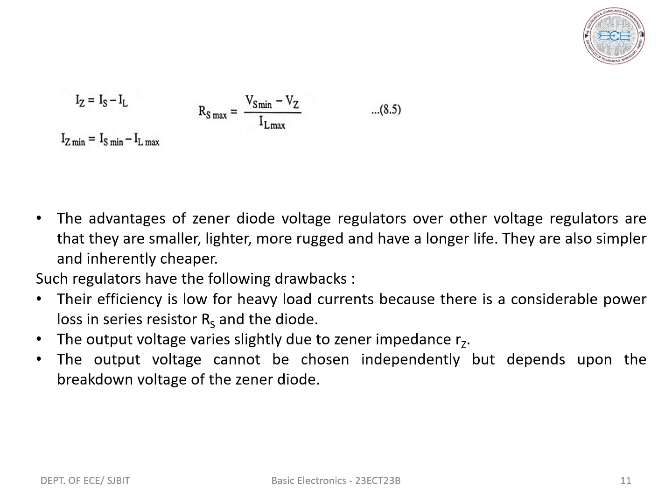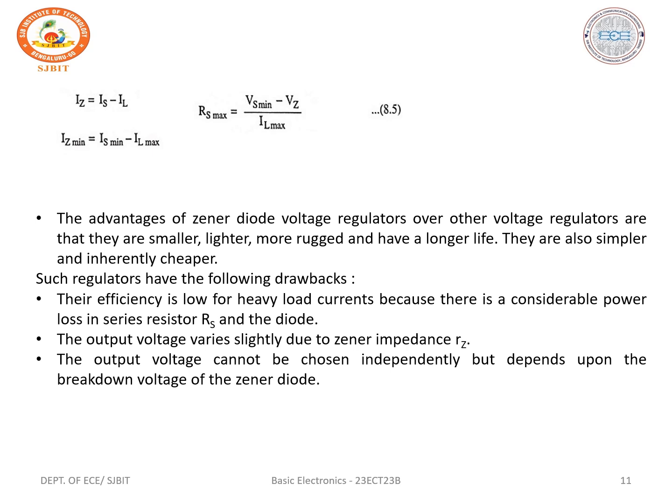Minimum Zener current Iz minimum equals Vi minimum minus Vz by R1, and maximum Zener current Iz maximum equals Vi maximum minus Vz by R1. Power dissipated in R1 is given by PR1 equals Iz squared into R1.